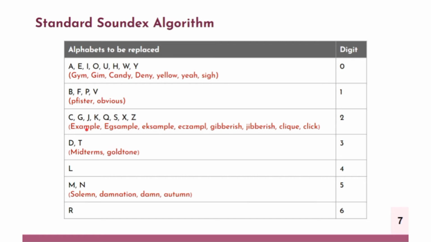It's example. But here, in the place of X, what have they written? G and S. And also KS over here, and CZ also. So you can see X is in this group, G and S are also in this group, KS are also in this group, CZ are also in this group.